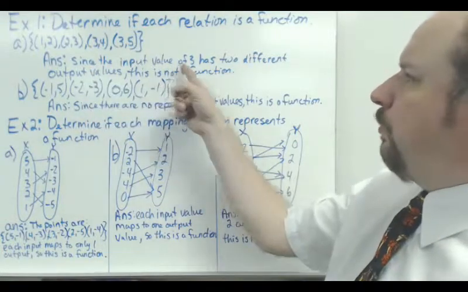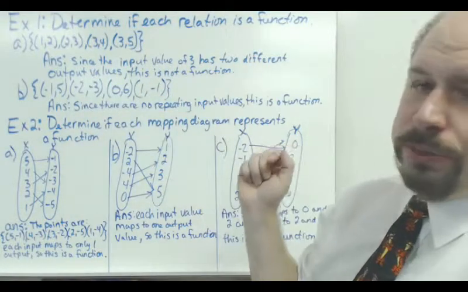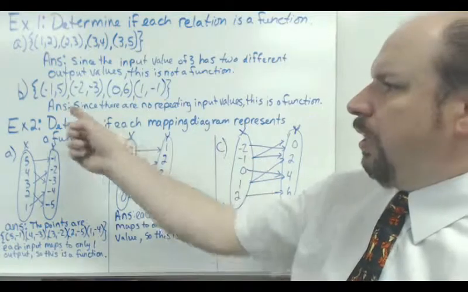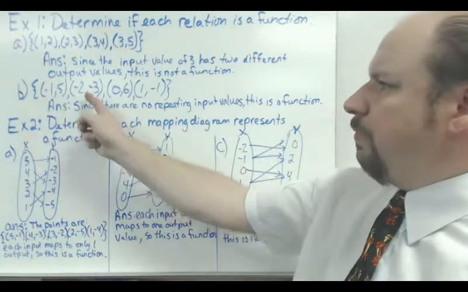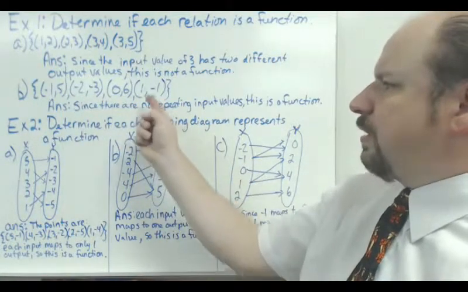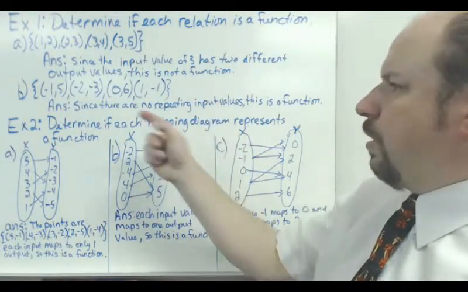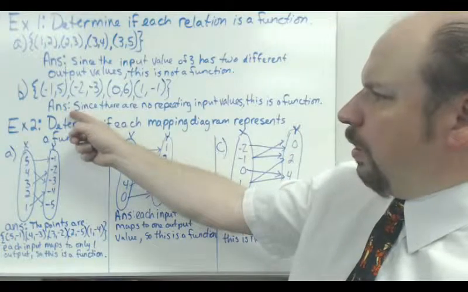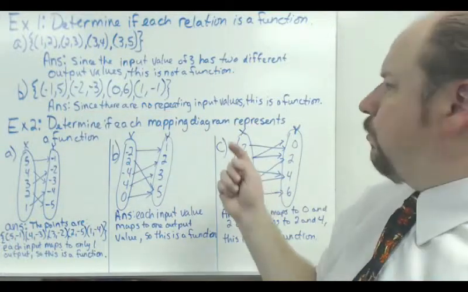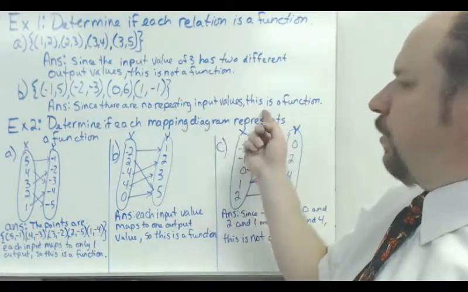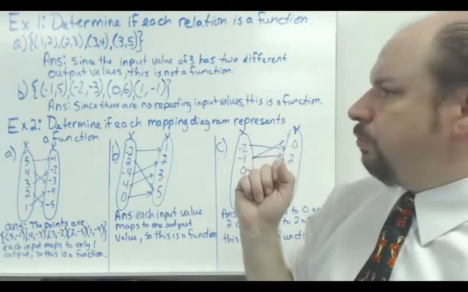Since the input value of 3 has two different output values, this is not a function. Let's look at the next one: (-1, 5), (-2, -3), (0, 6), and (1, -1). Again, just a set of points. We have to look, and since there are no repeating x values, or no repeating input values, this particular one is a function.